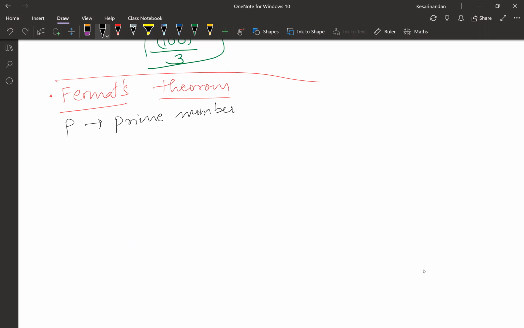So if P is prime and HCF of A and P, A being any number and P being a prime number, will be 1, provided that A is not a multiple of P. Then A raised to P minus 1, minus 1, will always be divisible by P, and the remainder would be 0.